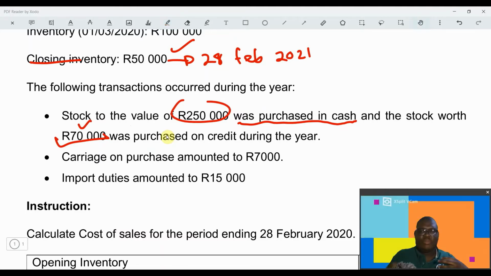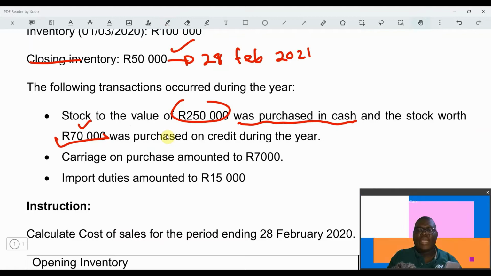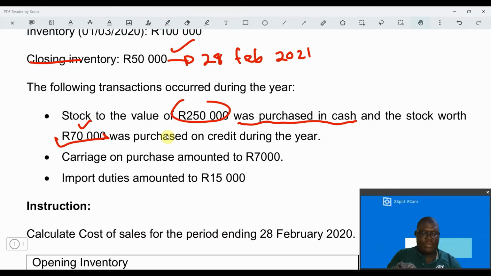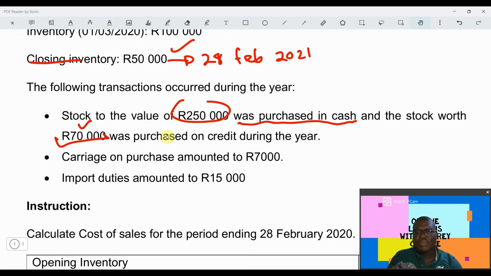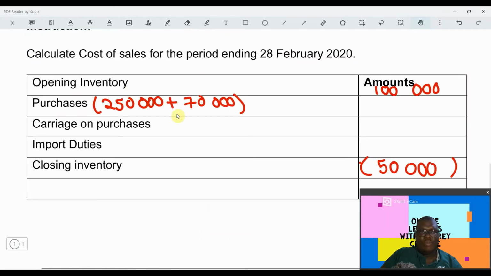So in terms of the purchases account right now, we have taken into consideration all the information that we were given. We're going to add what we are given to get the total. If you say 250,000 plus 70,000, I'm getting 320,000 here. So our total purchases for that period amount to 320,000.